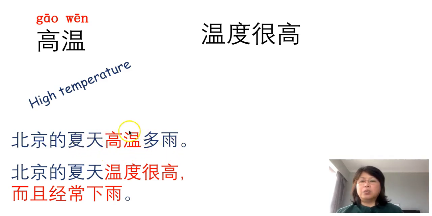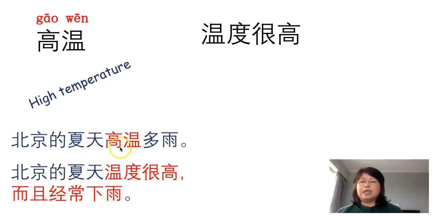So this word 高温 doesn't normally get used by itself, so it normally comes up with a 4-character phrase. So 高温多雨 high temperature and plenty of rain. 北京的夏天 so summer in Beijing always has a high temperature and is full of rain.